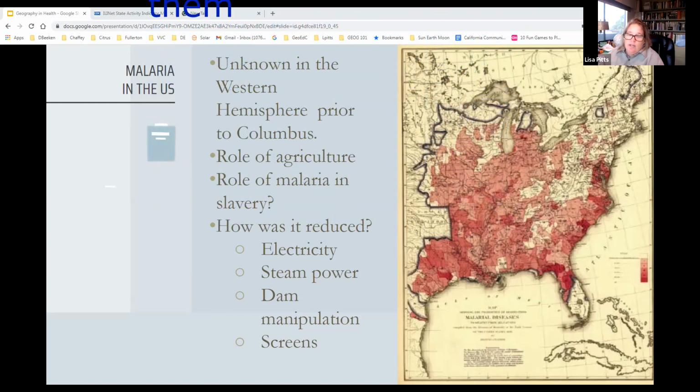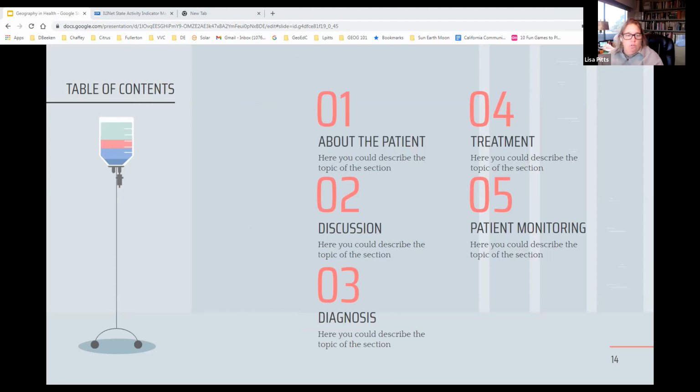And screens. And so the screens, like a mosquito net to keep your bed safe, because they bite at night when it's dark. So, oops.